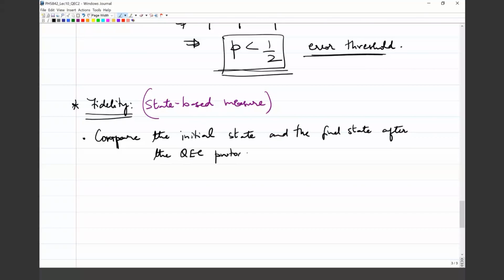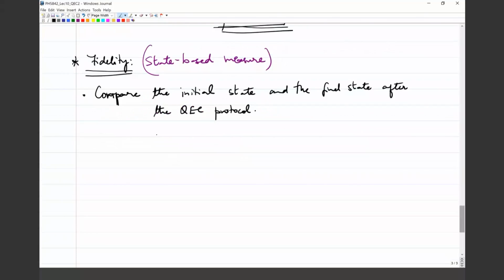Let's say I start with a state psi. Typically we start with pure states, which is what we use for our computation, right?